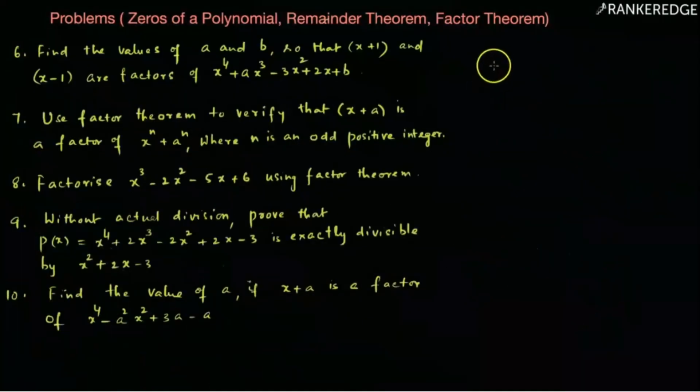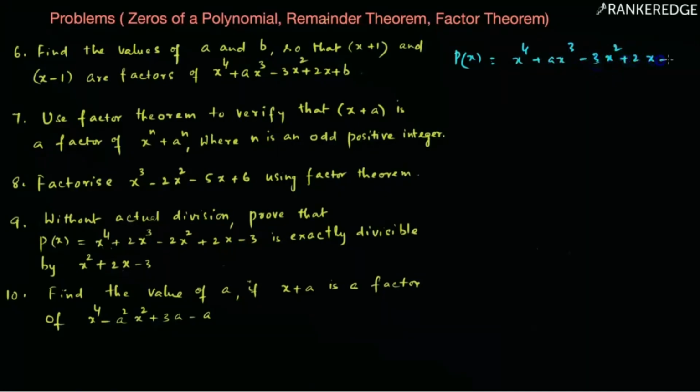Next one, sixth one. Find the values of a and b so that x plus 1 and x minus 1 are factors of this polynomial. Let's say this polynomial is p of x. So p of x is equal to x power 4 plus ax cube minus 3x square plus 2x plus b.